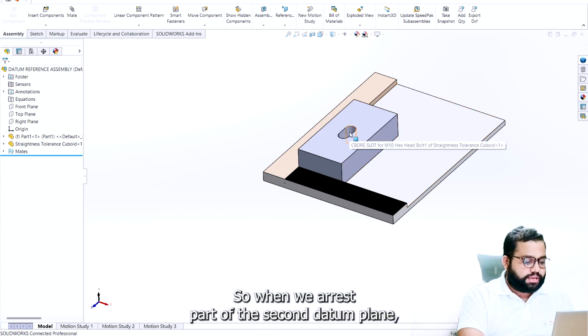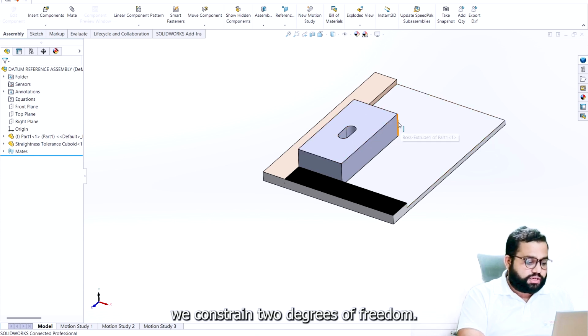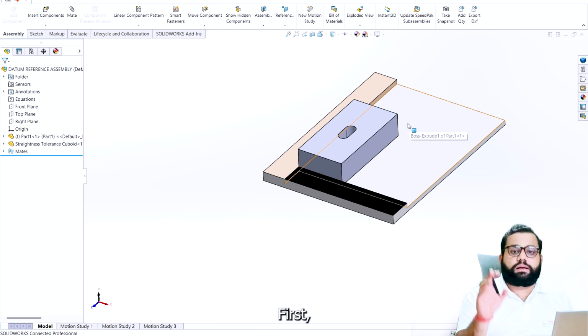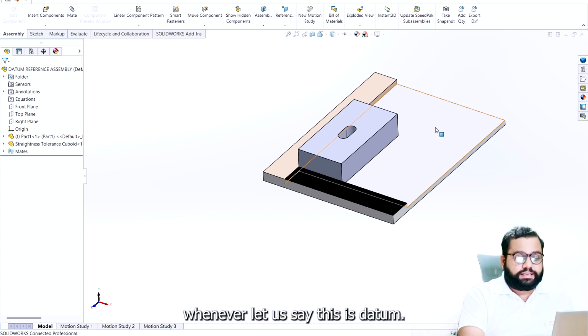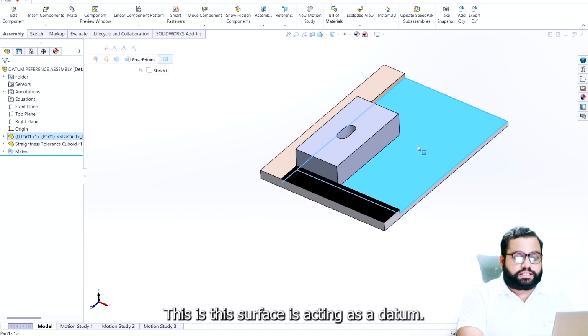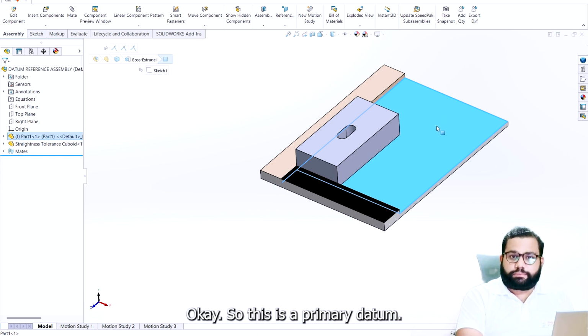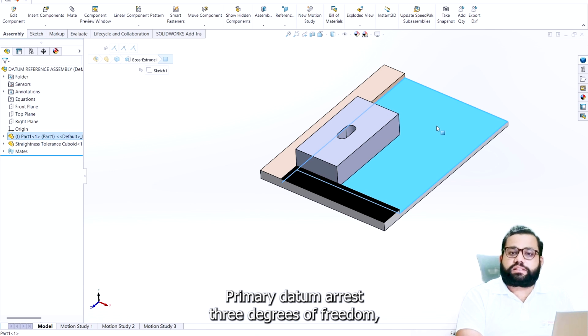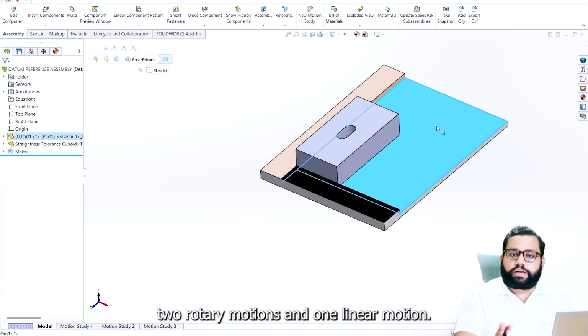Okay. So when we arrest the part on the second datum plane, we constrain 2 degrees of freedom. First, let's say this surface is acting as a datum. So this is the primary datum. The primary datum arrests 3 degrees of freedom, 2 rotary motions and 1 linear motion.